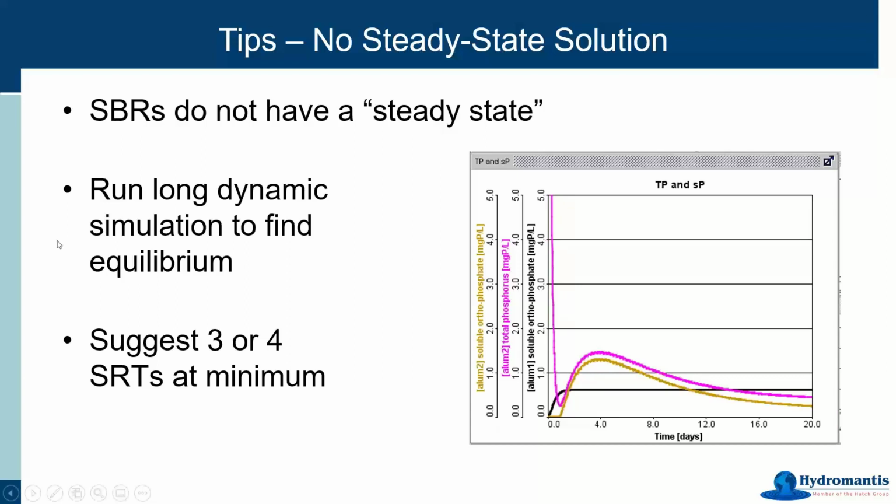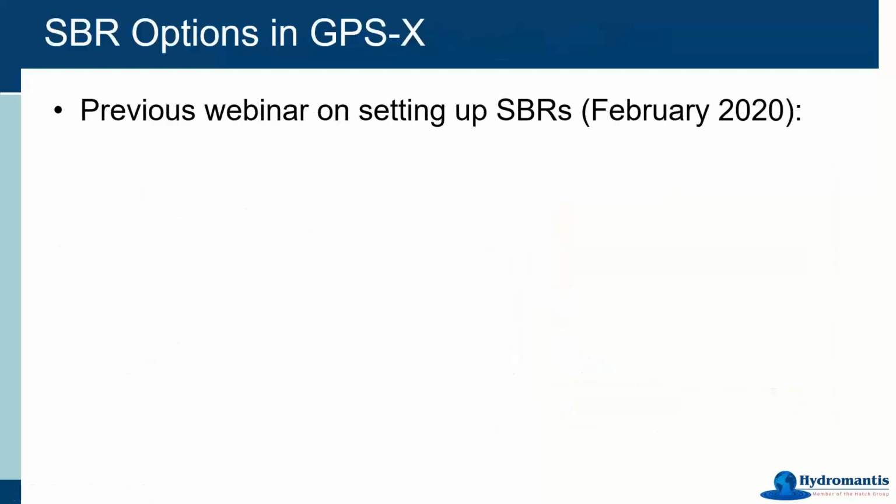Okay, so now there's a whole lot of other stuff that's in the SBR objects themselves. There's lots of details in the menu about how you coordinate and sync up the infilling, influent flow coming in, and so on. And we did an entire webinar on this actually a year ago.